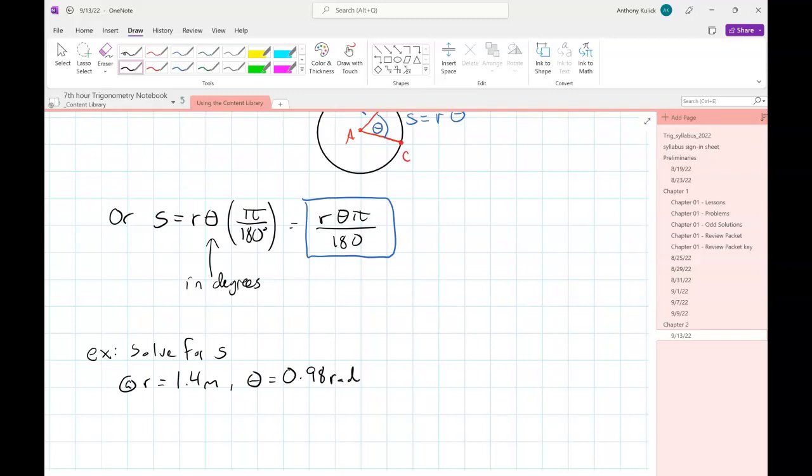One thing when I'm writing these angles in radians, so here I wrote theta equals 0.98 radians. Eventually, I'm going to stop writing radian after things that are in radians. How are you going to know the difference between an angle in degrees and an angle in radians? The degrees have a degree sign next to it. The radians will have no symbol next to it.